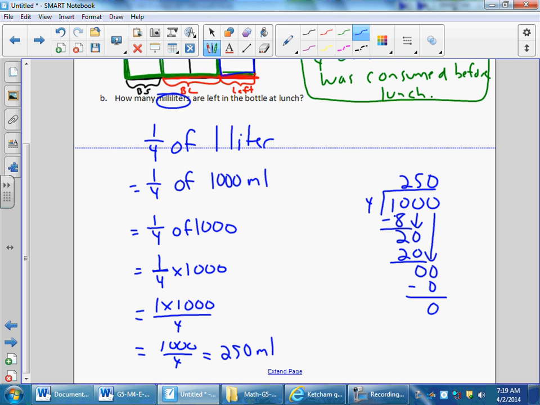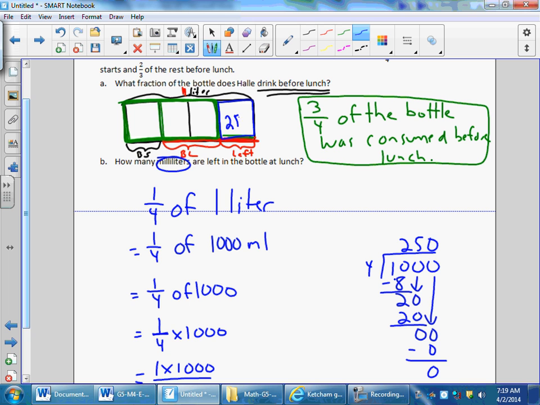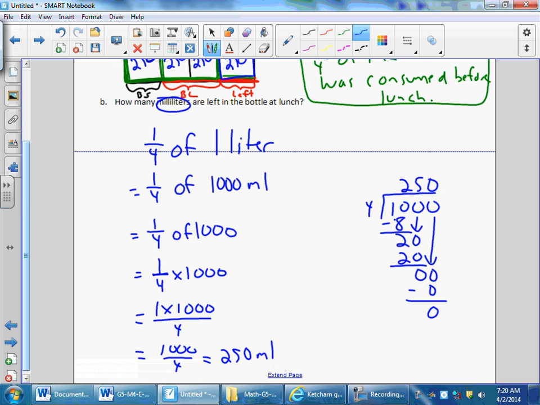If I put that back in here, 250 milliliters, 250 milliliters, 250 milliliters, 250 milliliters. That would be 1,000 milliliters, which makes sense with my 1 liter. 1,000 milliliters equals 1 liter. Final answer, 250 milliliters are left at lunch.